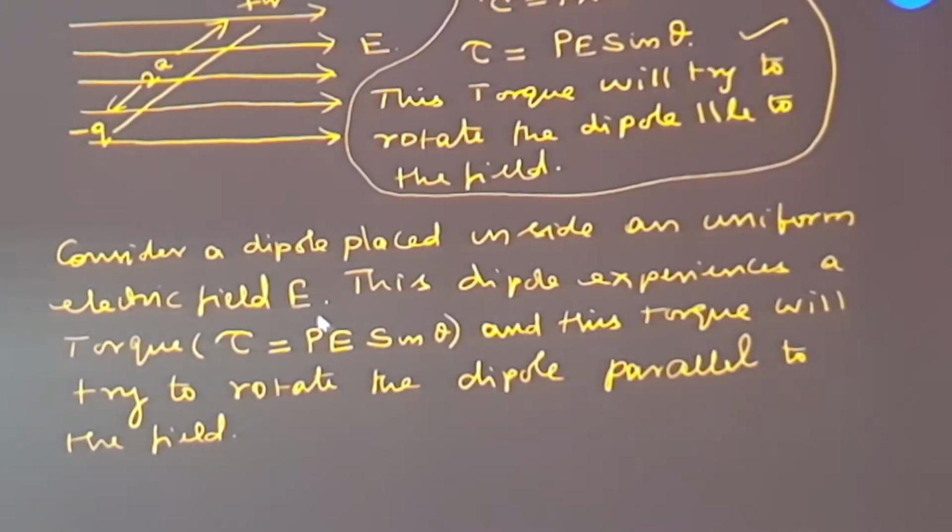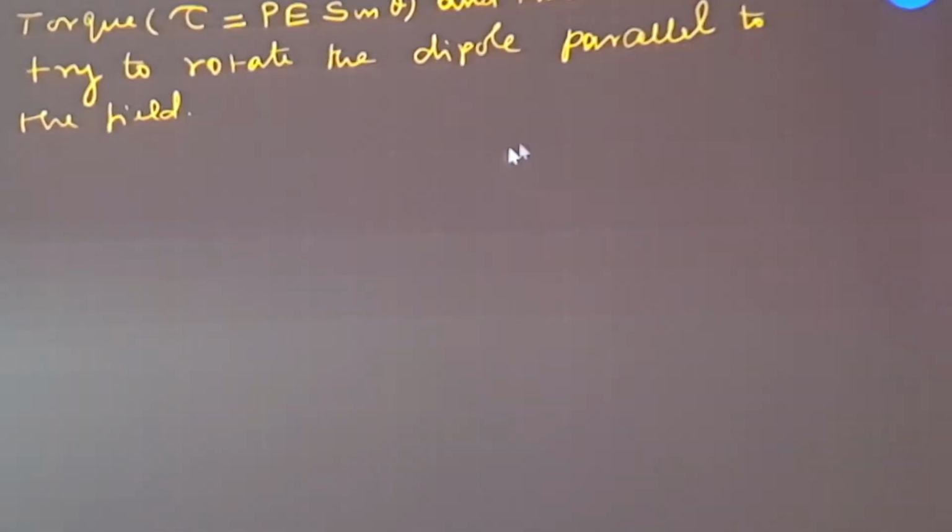Now, what am I going to do? I am going to rotate this dipole inside this electrical field against the torque produced, through a small angle. In order to rotate the dipole, I have to do work.